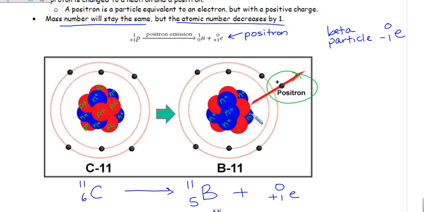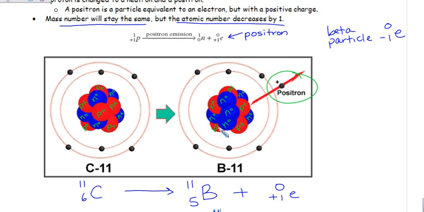But one of the original protons was turned into a neutron. So now the blue particles, if those are my neutrons, I should have an extra. That leaves me then with 5 protons. Protons are positive. 1, 2, 3, 4, 5. Perfect.